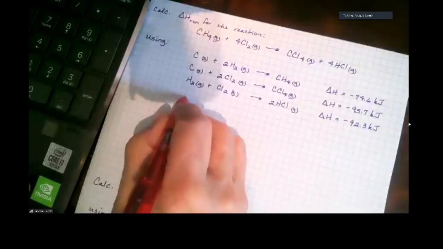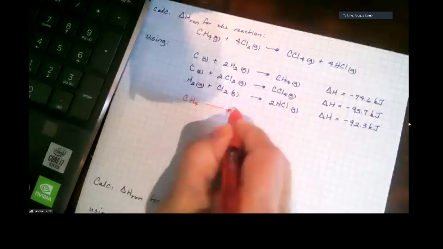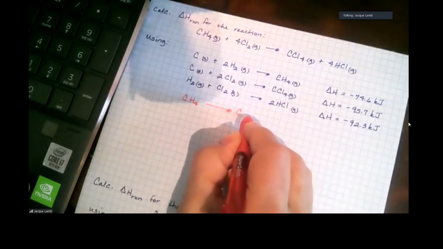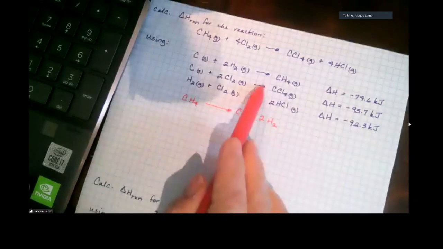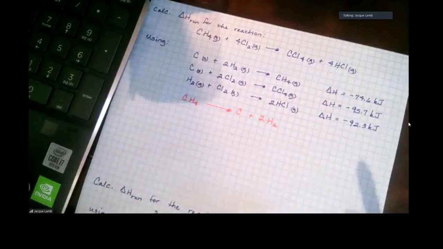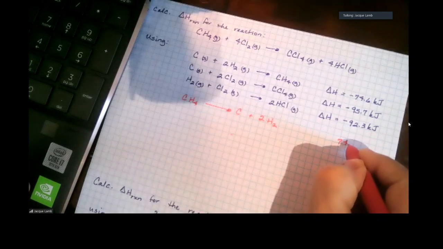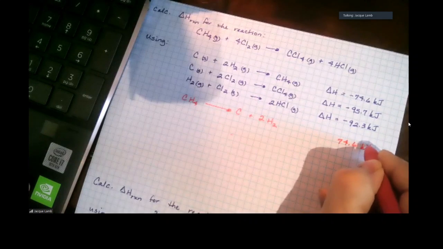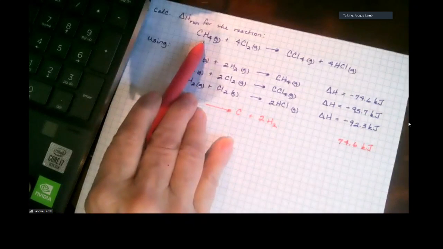So I'm going to reverse this and say methane goes to carbon plus 2 hydrogen molecules. That's just writing this equation in reverse, which means I have to reverse the delta H. The delta H now is going to be plus 74.6 kilojoules. Okay, so that takes care of that particular reactant.